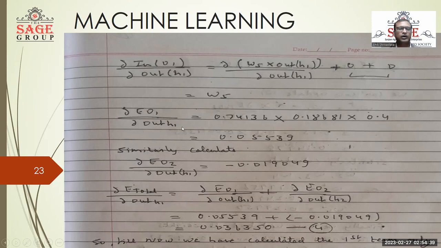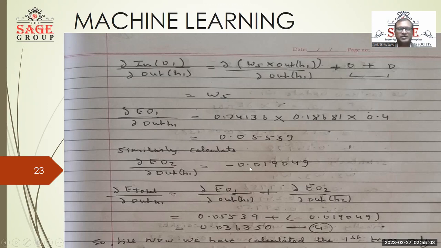So del E O1 upon del out H1 is these terms. We have already calculated the first two terms, so we can take the previous values and then this W5, which is 0.4. So we get the output of del E O1 upon del out H1 as 0.05539. Similarly, we can calculate the del E O2 upon del out H1.